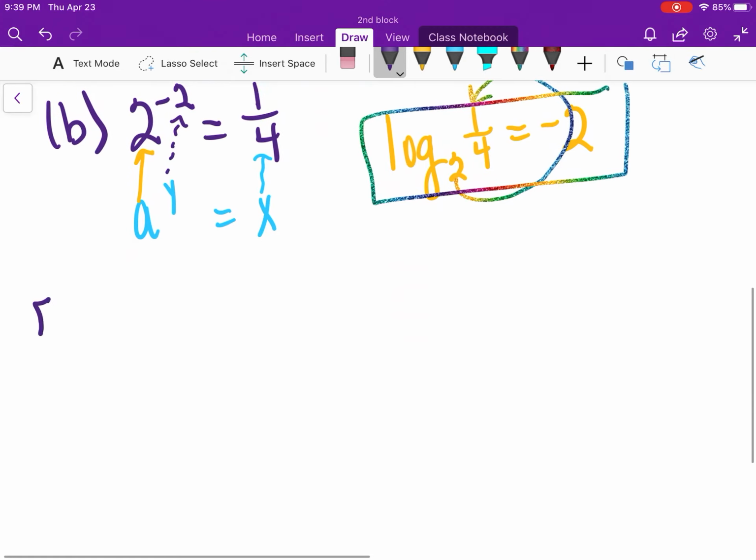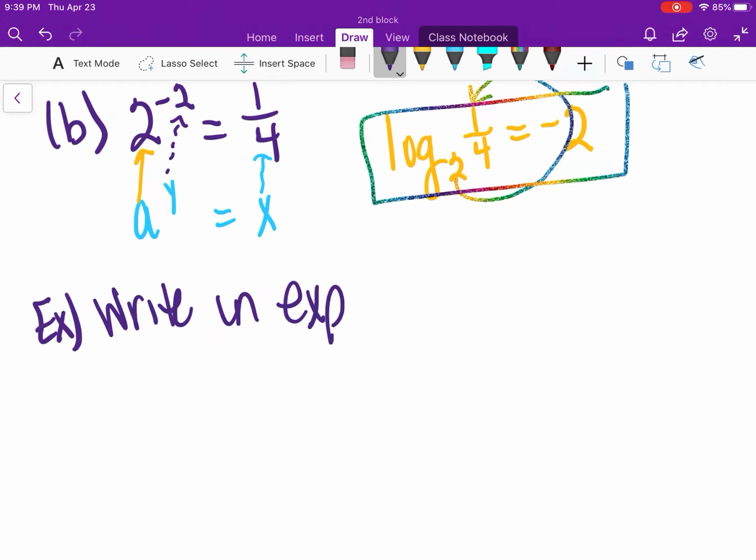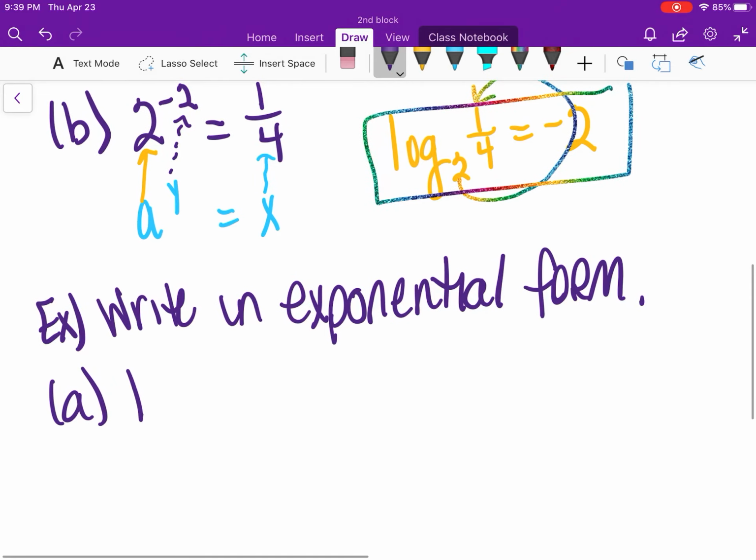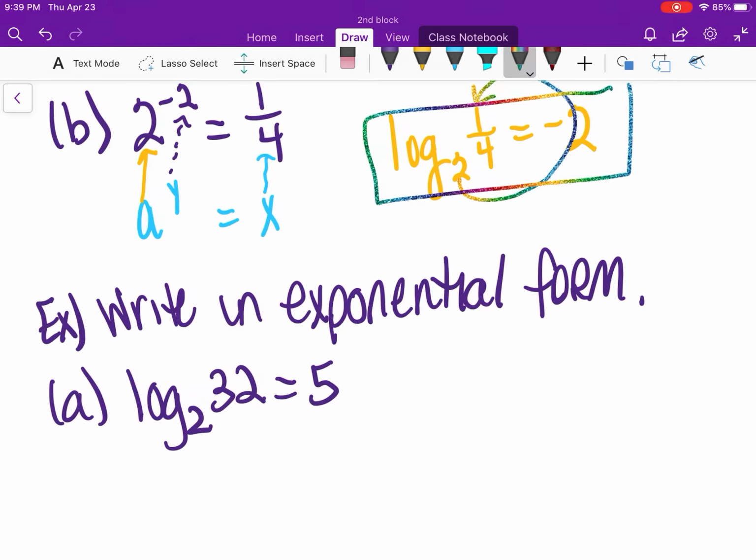Okay, now the next example, we're going to go in the other direction. So this time we want to write in exponential form. For A, we have log base 2 of 32 equals 5.